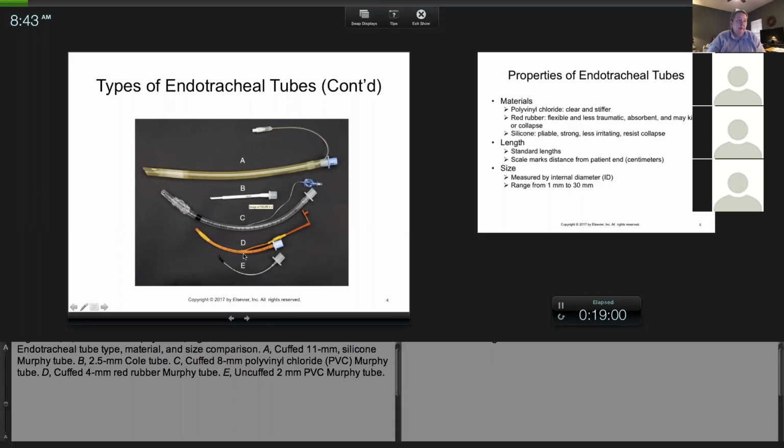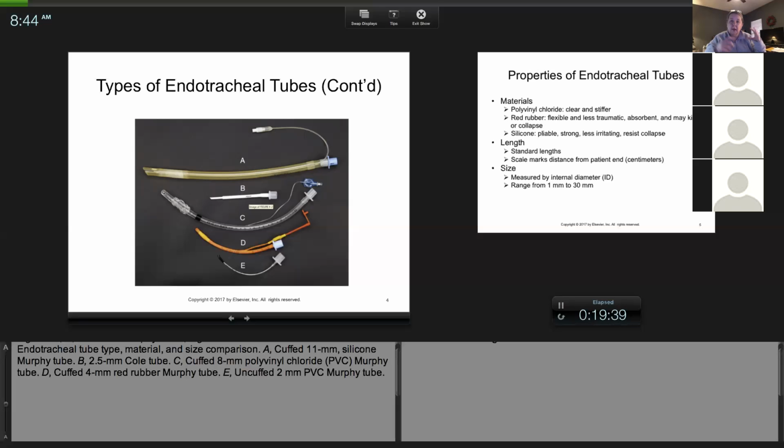Letter D is probably my least favorite, and this is the red rubber. Even though it's orange, they're called red rubber ET tubes, but they are not see-through. They are the softest, but they are more prone to kink or collapse. Take this to heart: I don't know how many times I've seen people doing a dental, bending the head in different directions to get to the back teeth, and all of a sudden the tube is bent in half, and the patient is having a hard time breathing because the tube is collapsed.